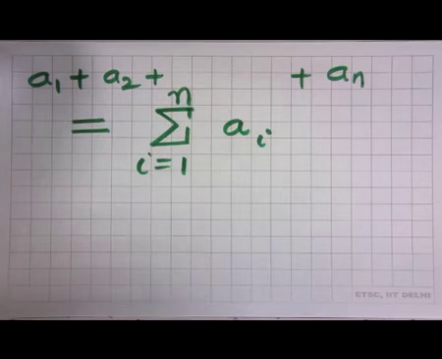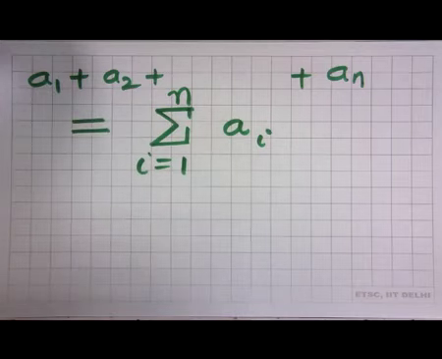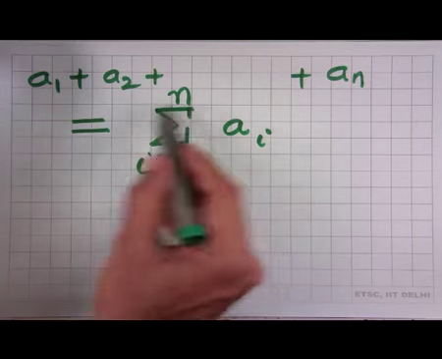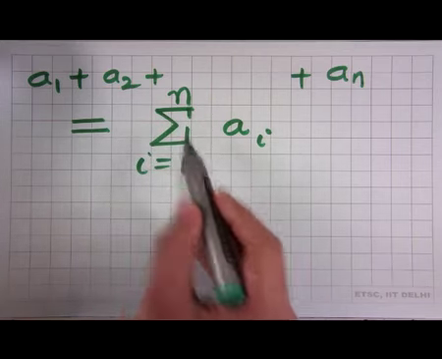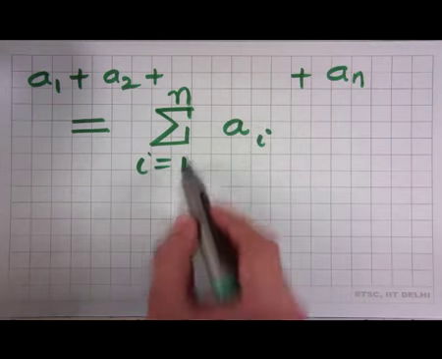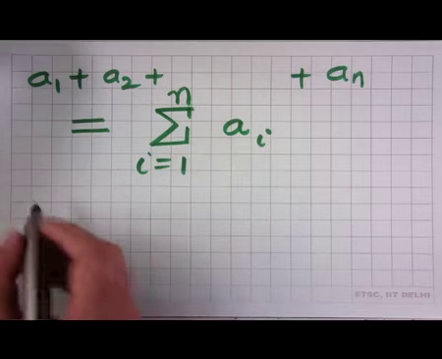Instead of writing the expanded form a1 plus a2 plus etc. plus an, we can represent it using summation or sigma ai, i equal to 1 to n. This variable i is called the index of summation.